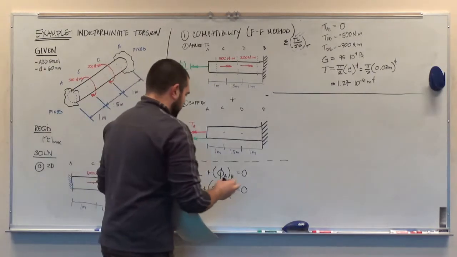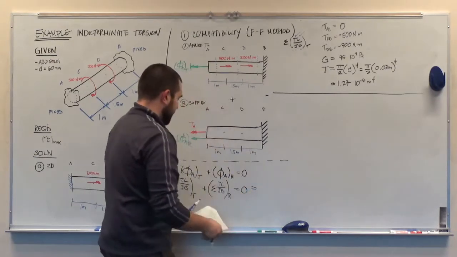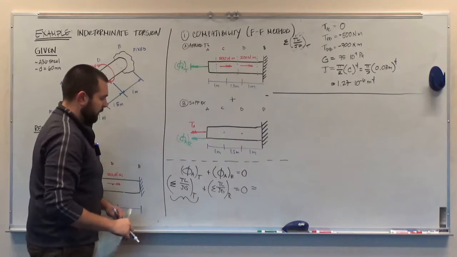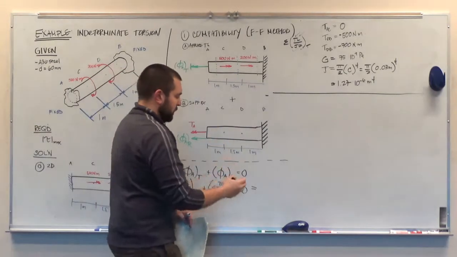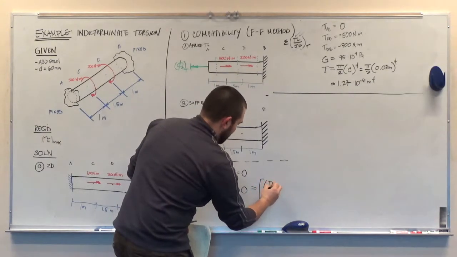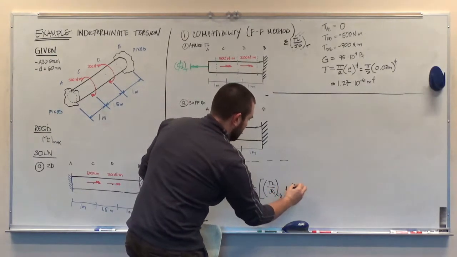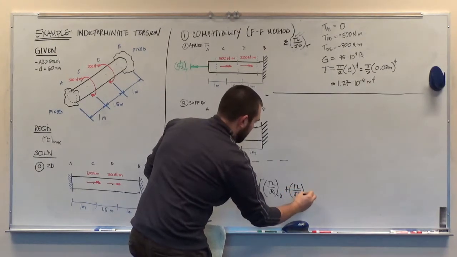And actually, I can start writing some of that down here. Again, we've been calculating this term right here. It's a summation of TL over JG. But because the first term is going to be 0, this will end up being TL over JG for member CD plus TL over JG for member DB.